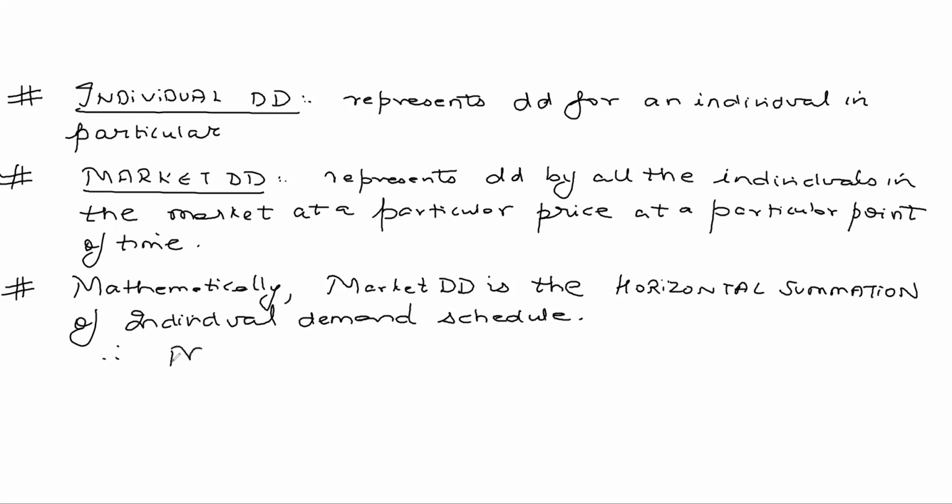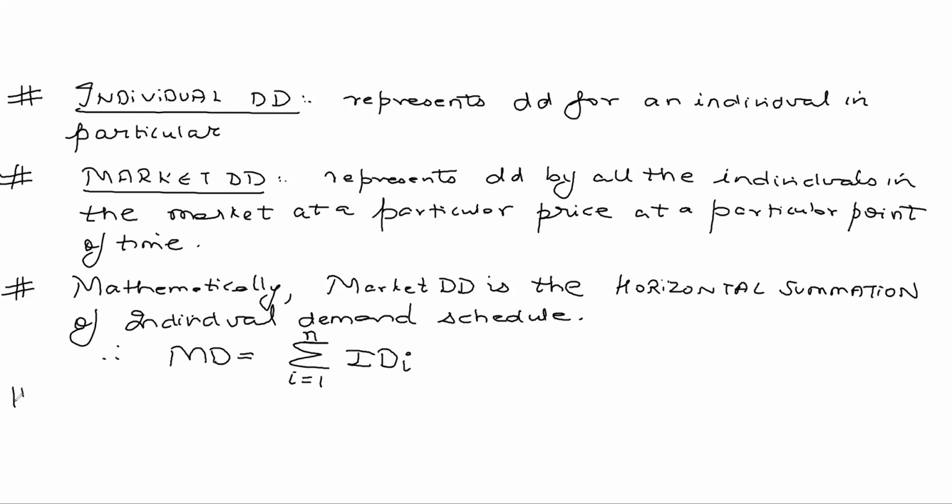So I can write, therefore, market demand. Suppose there are n consumers in the market. So as i goes on from 1 to n, individual demand by the ith consumer. So market demand is summation as i goes on from 1 to n, sum of all the individual demands.